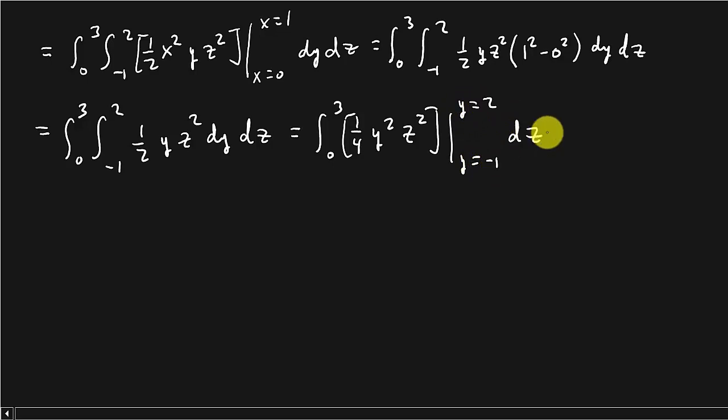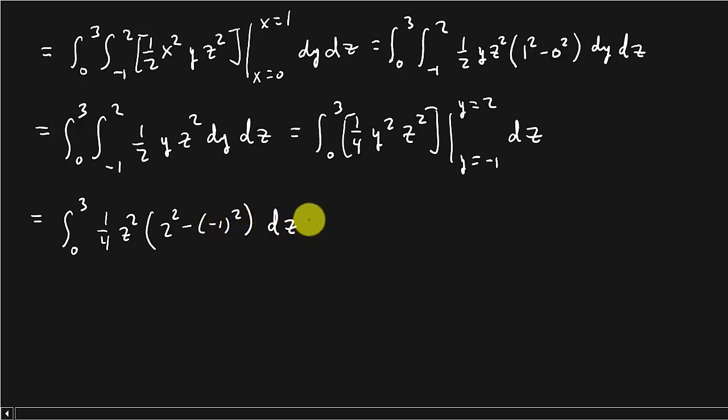All right. And so then we evaluate this. That's going to be 0 to 3, and that is going to be 1/4 z squared times, and now I'm going to plug the 2 in for y and the -1 in for y. So that's going to be 2 squared minus -1 squared, and that's times dz.